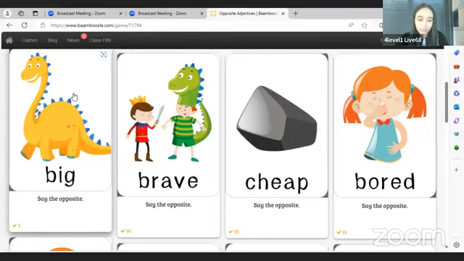Okay, Yusuf said small. The opposite of big is small. Manal said small. What do you think? Are they correct or wrong?